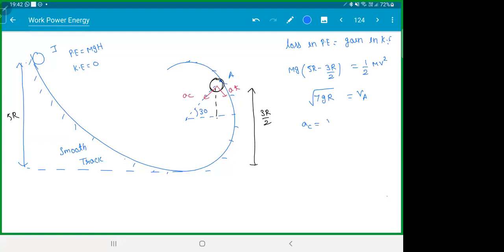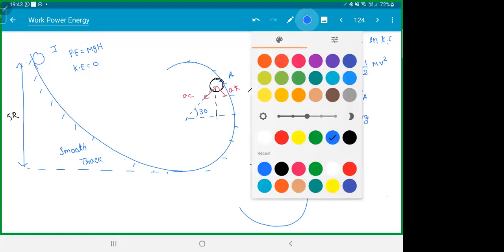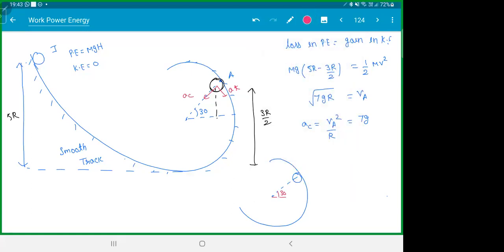So from here, A centripetal is VA square by R, which will be 7g. And what about A tangential? At that point, if you draw the free body diagram, this is 30 and this is mg. So this is mg sine 30, and this will be mg cos 30, which is the tangential component. So A tangential is equal to g cos 30, which is g root 3 by 2.